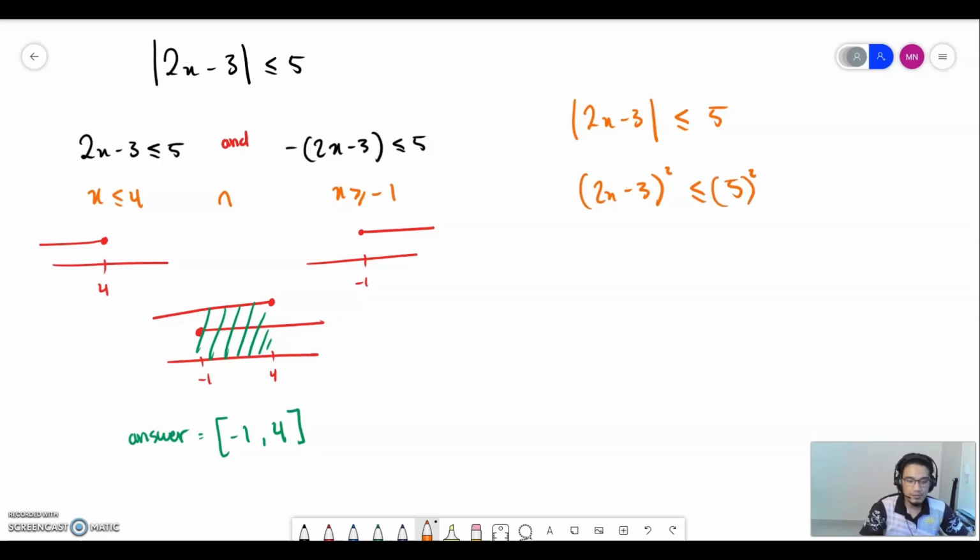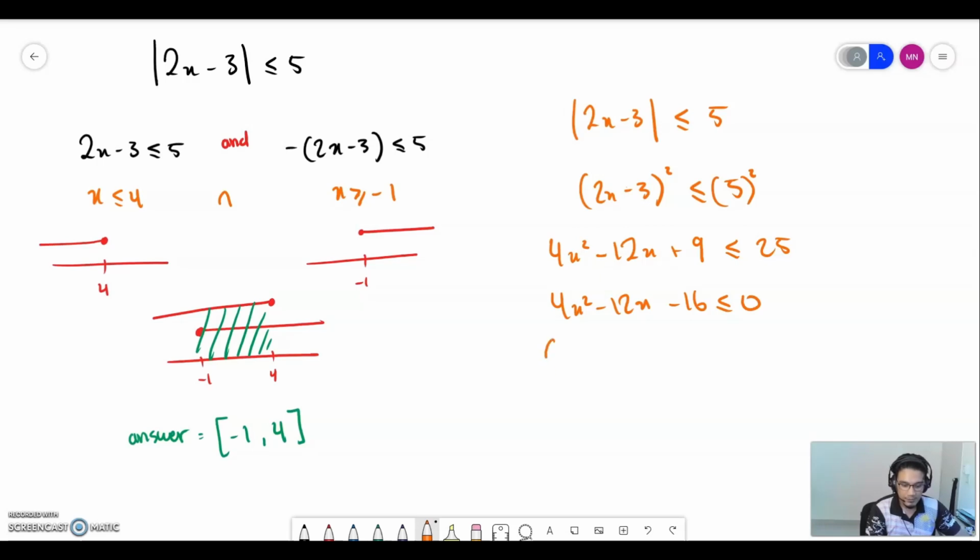So now we have 2x minus 3 squared and we have 5 squared. As usual, we expand these. So we have 4x squared minus 12x plus 9 less than or equal to 25. So 4x squared minus 12x minus 16 less than or equal to 0. Then we factorize: x minus 4, x plus 1 less than or equal to 0.